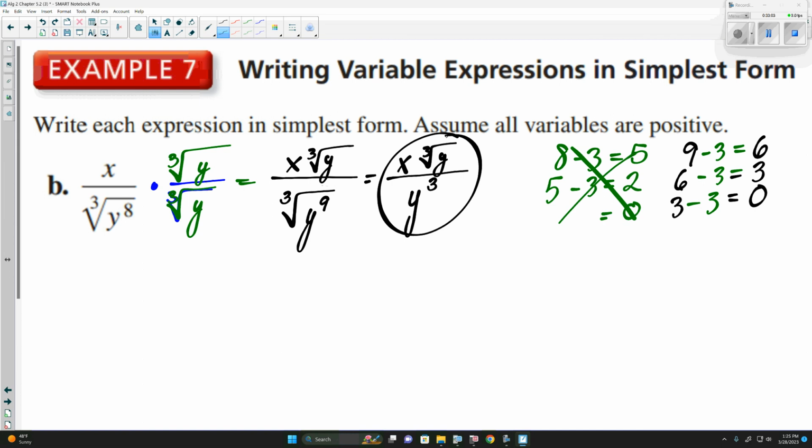So we're doing this here, we're trying to find the next exponent that we need to increase this y by to be able to get it simplified. So in this case it is 9. We needed 1 more, so we multiplied top and bottom by the cubed root of y to get the denominator to be the cubed root of y to the 9th, which is y to the 3rd. So we're trying to find the next exponent that would simplify.